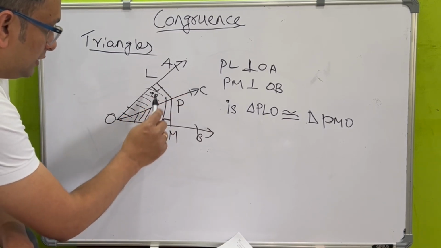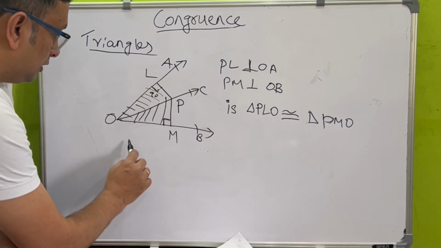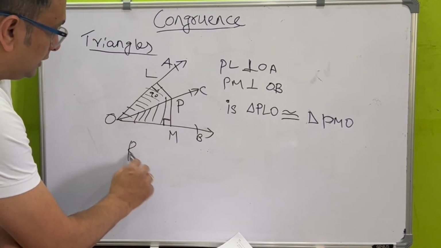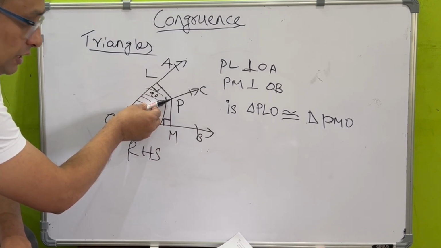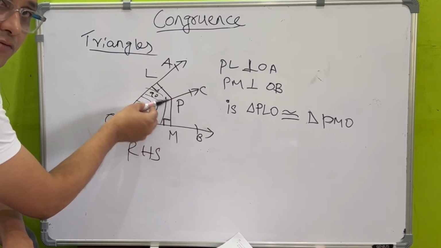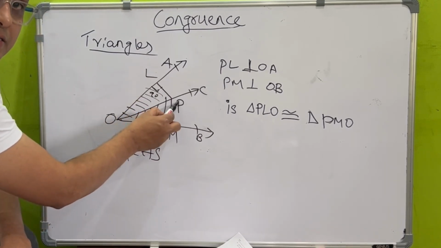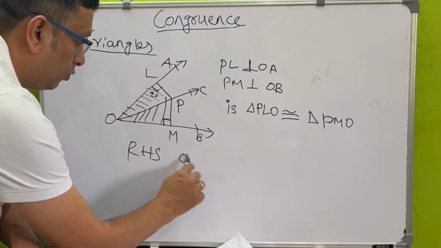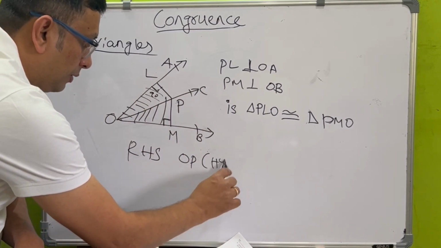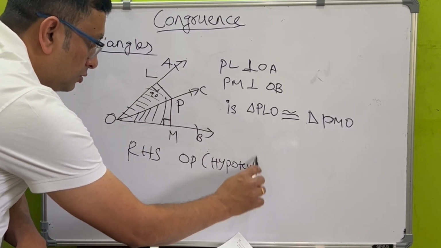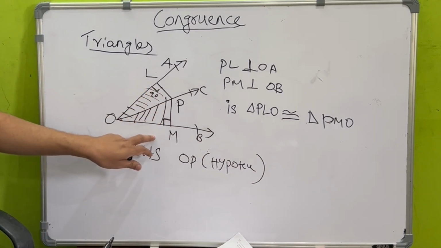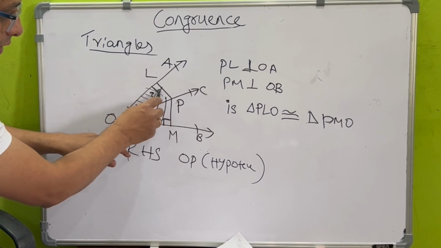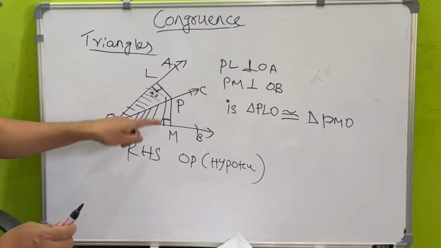So, what is given here? The right angle triangle case needs the hypotenuse. This is common here. In both triangles, OP remains common. So the hypotenuse is equal in both triangles. Second, this is a right angle triangle, and we need any one side of each triangle to be equal.